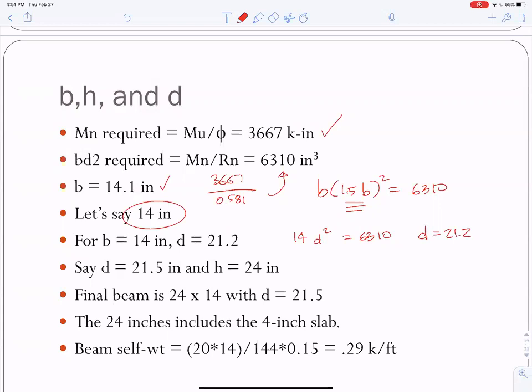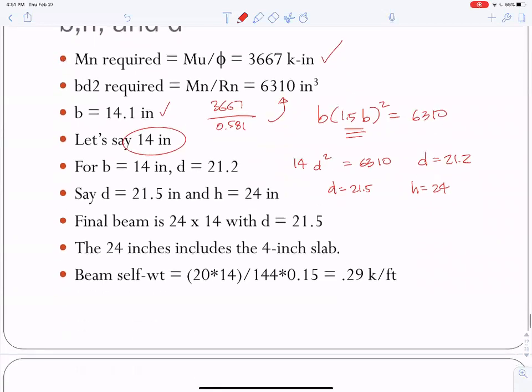By now I figured out if I can round d to a half inch, when I add 2.5, h will come out nice. And so d is 21.5. I add 2.5, and h is 24, like I guessed. So it's 14 by 24, not 12 by 24. Okay, and this is our final pick.